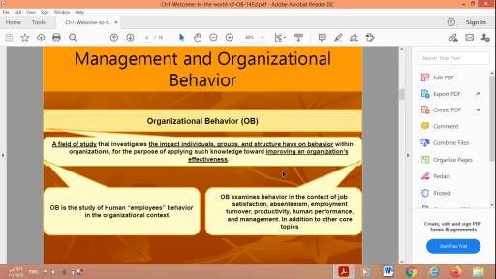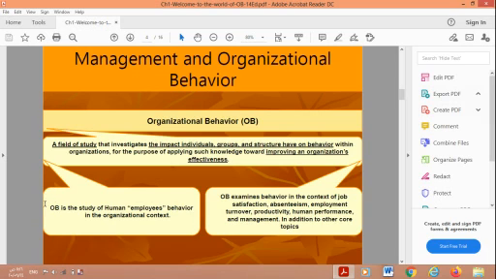Another way, we can say that organizational behavior is the study of what people do in an organization and the way their behavior affects the organization's performance. So organizational behavior simply focuses on studying the behavior of individuals, groups, or the structure and how it can affect the organization as a whole.